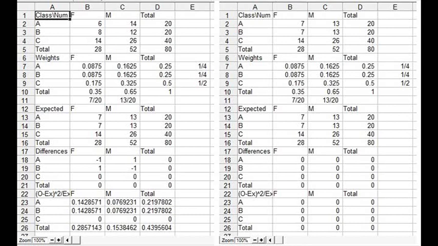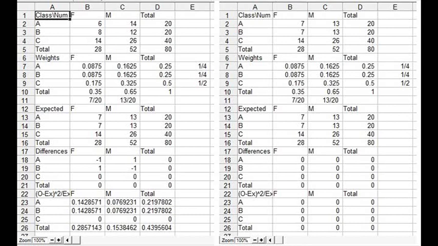Moving on to the second of our 5 tableaus, we're going to take each of those weights, horizontal and vertical, and multiply them times each other. And sure enough, we've got them in there. We got a 0.08 and something, and a 0.16 and something, repeated for B, and 0.17 and something, and 0.32 for C. And of course, they still add to 1.